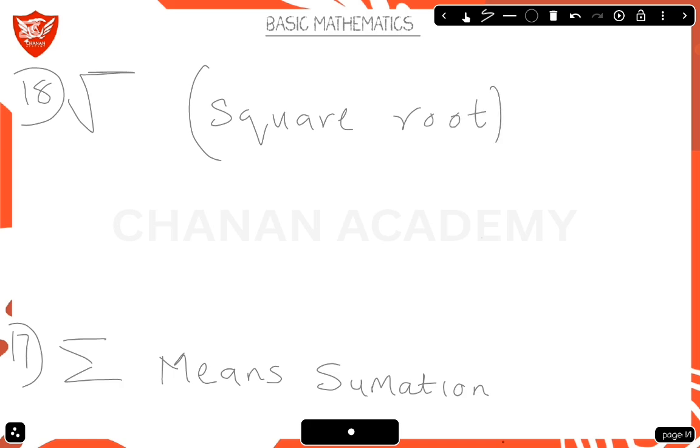Number 19 is this symbol, which is pronounced as pi. So pi, and it always has a value of 22/7.